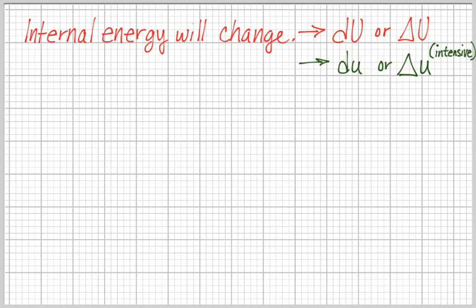We represent internal energy change in differential form as dU and in integrated form as delta U. Notice that I've got in red dU with a capital U, which is the extensive form of internal energy, and below that in green I have du in lowercase u form, which is an intensive form of describing the state function of internal energy change.